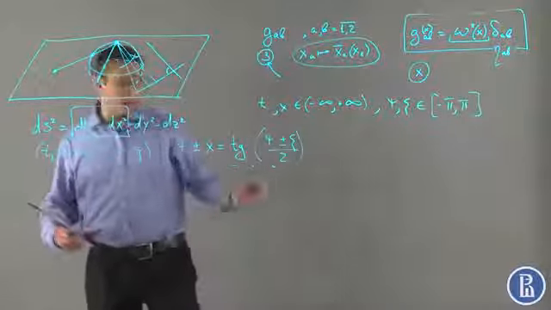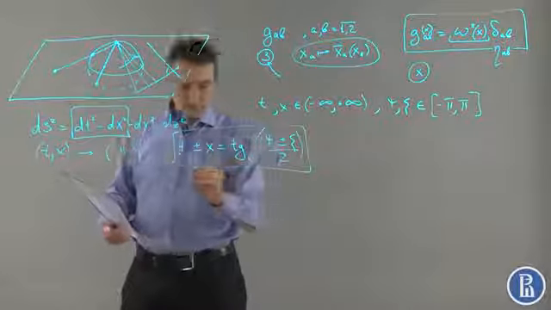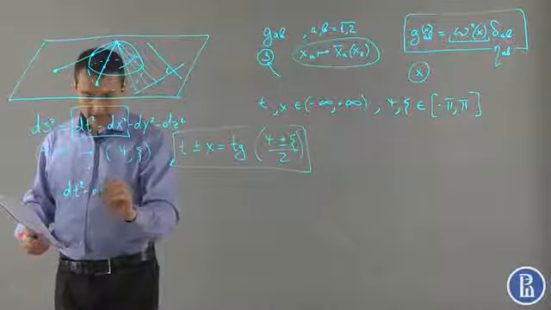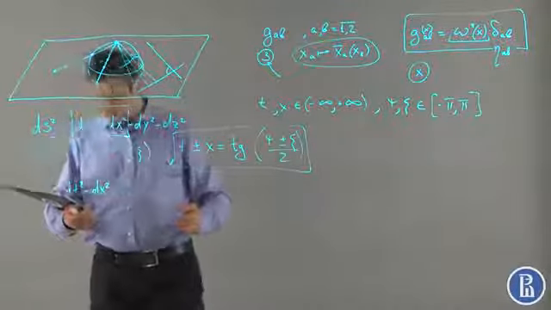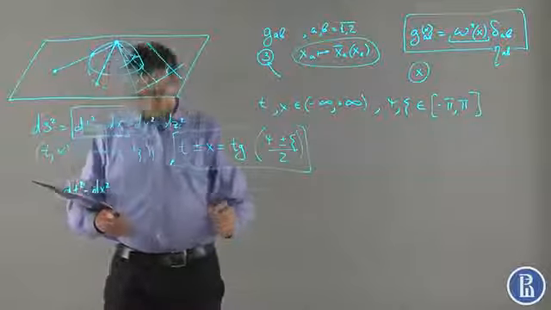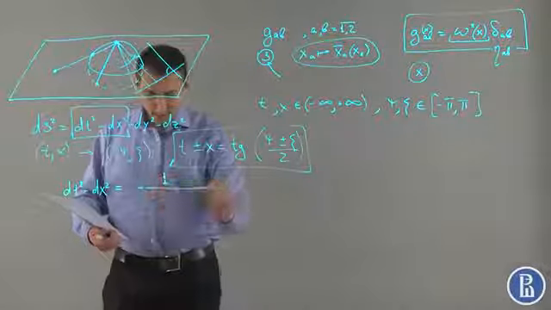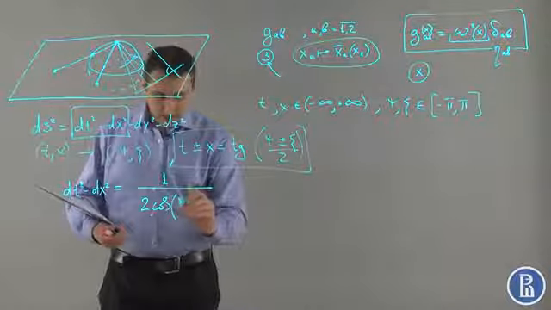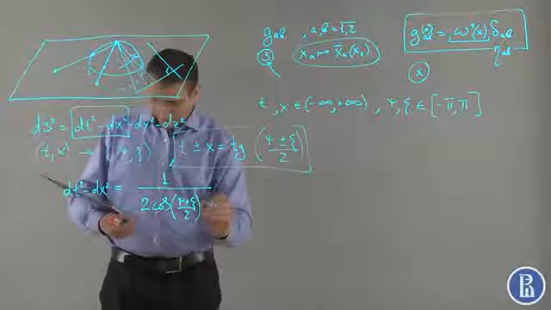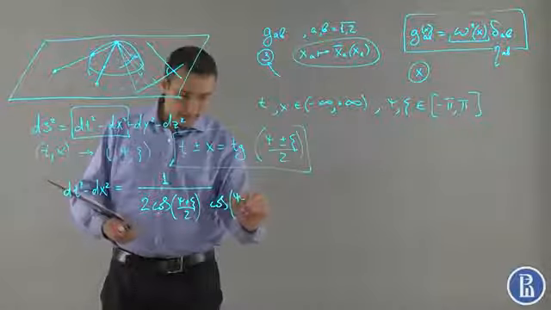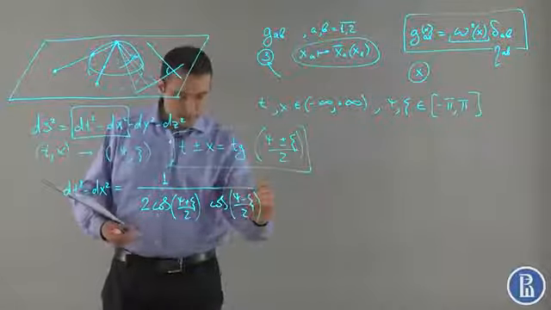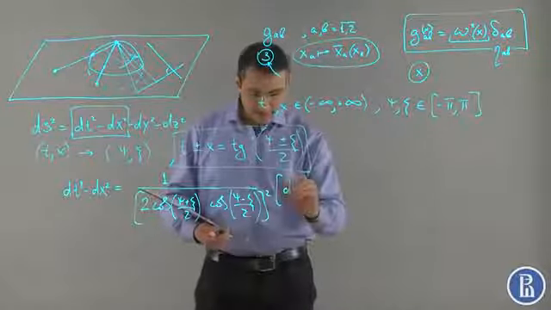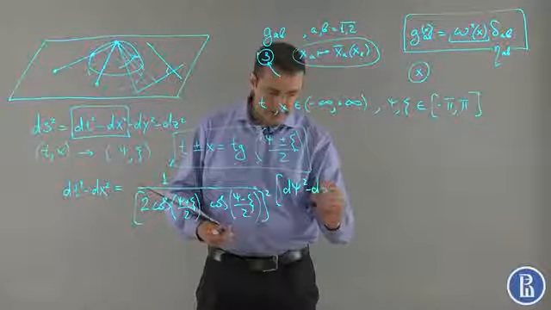As a result, under such a change of coordinates, this metric, dt squared minus dx squared, is transformed to the following form: 1 over [2 cosine((psi plus xi)/2) cosine((psi minus xi)/2)] squared, times (d psi squared minus d xi squared).